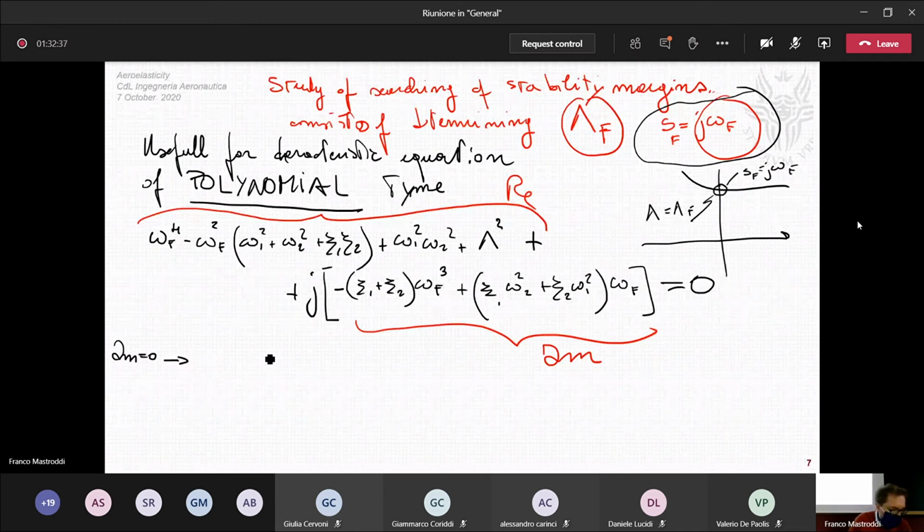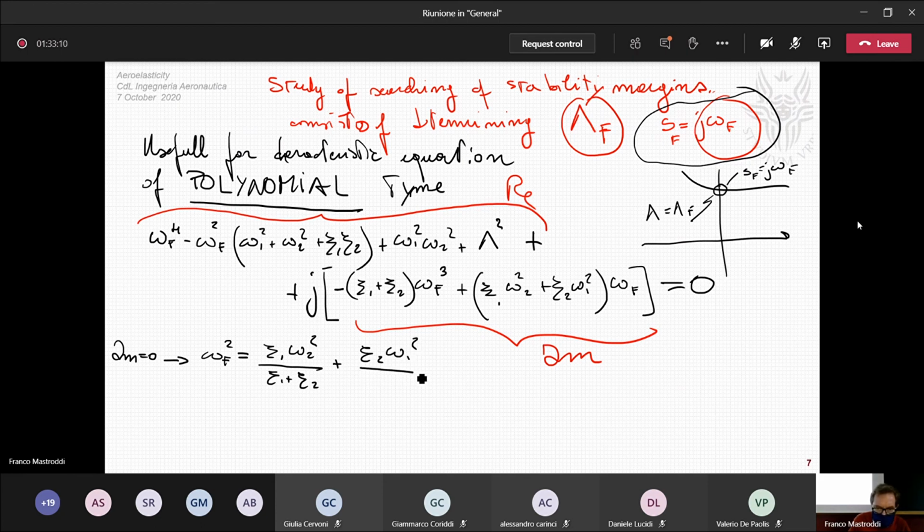Then you can look here, you can determine your omega flutter. You can simplify this cube and this omega flutter, and you can directly determine omega flutter square equal to zeta 1 omega 2 square divided by zeta 1 plus zeta 2, plus zeta 2 omega 1 square divided by zeta 1 plus zeta 2.